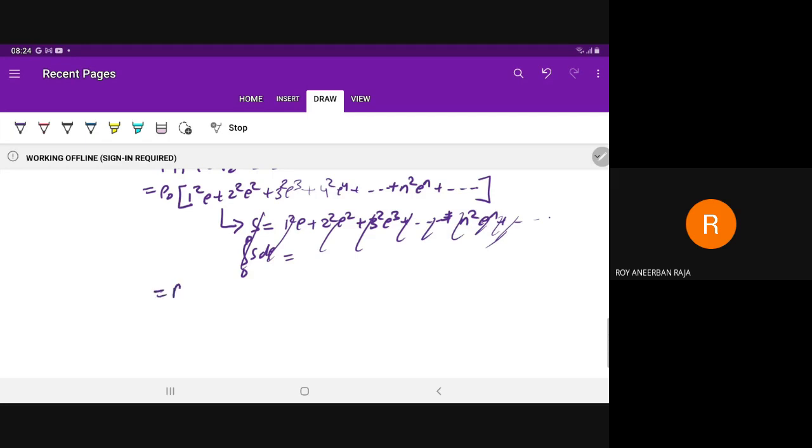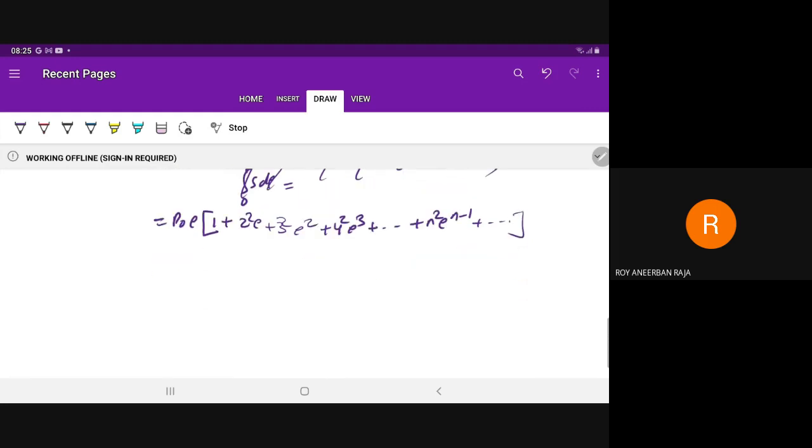So here if you take P naught rho common, inside we have 1 plus 2 square rho, 3 square rho square, plus 4 square rho cube, and n square rho to power n minus 1, and so on.